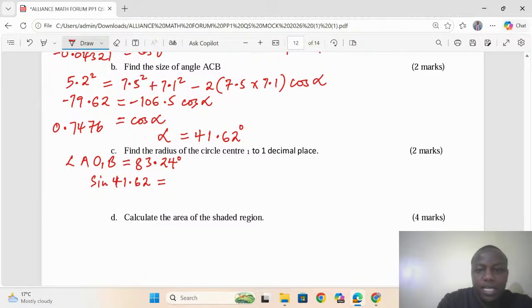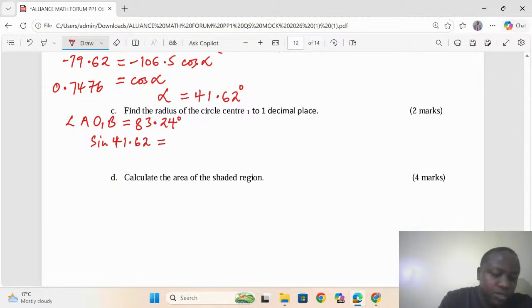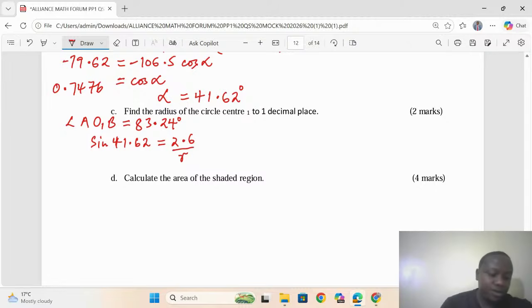So with the angle at that point, opposite shall be 2.6, out of the unknown radius, which is our hypotenuse.